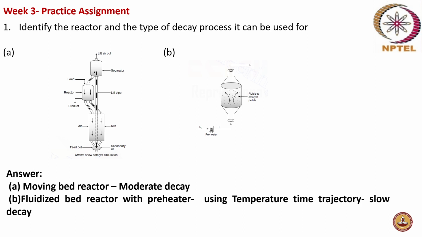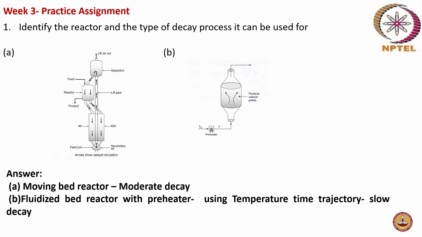This is used for slow decay, because in the case of slow decay we can have a preheater setup where the temperature of the inlet feed can be continuously increased, so that you maintain the required conversion as the catalyst gets decayed. In order to maintain the conversion, we use a temperature-time trajectory and keep on increasing the temperature of the incoming feed.